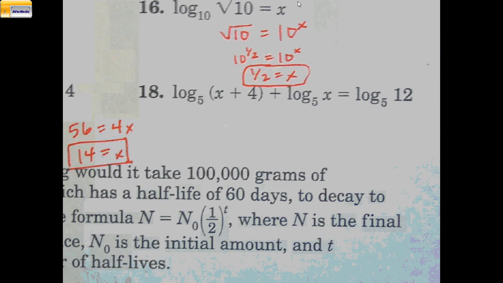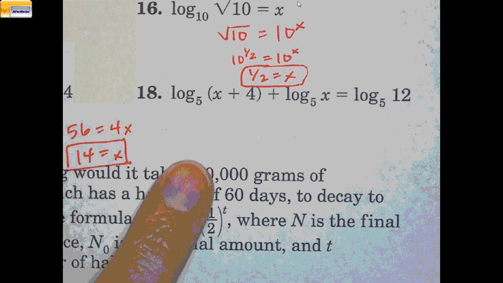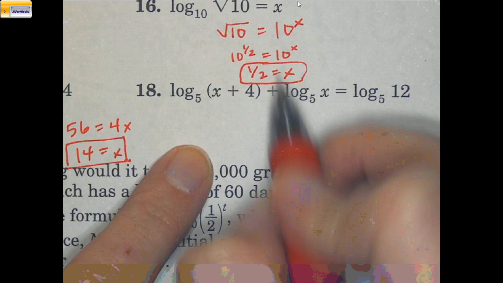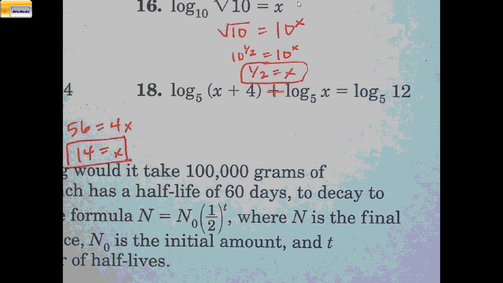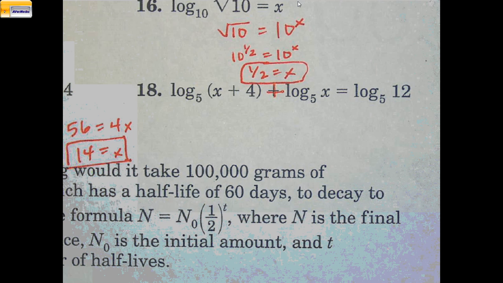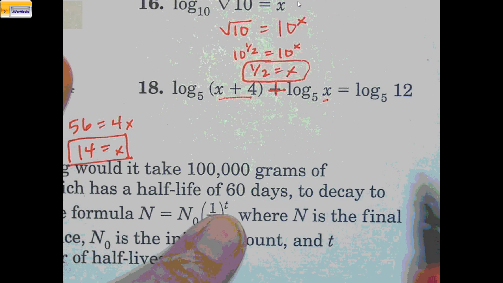18? There are a couple like this on your assignment, so I want to make sure I mention it out loud. You're adding... Wait. First of all, why can't I just go cancel a bunch of logs? You've got 2 on the left, so we have to condense. We're adding, so what do we do with these guys? Multiply.